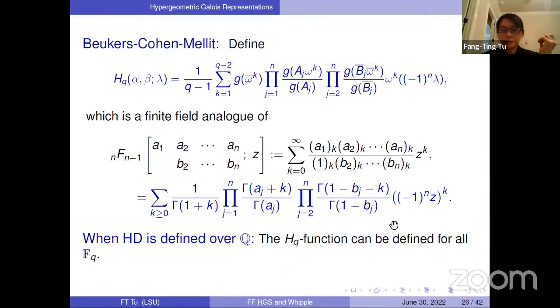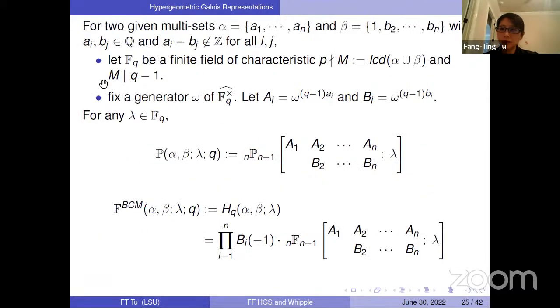When the hypergeometric data is defined over Q, BCN gives a recipe to construct an algebraic variety arising from some toric model, and they show that the zeta function of this variety can be computed using HQ functions, which works for all FQ without the restriction here.